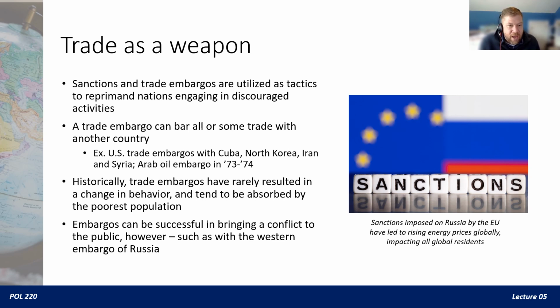Obviously, the example of our embargoes with Cuba, North Korea, Iran, Syria. There was an Arab oil embargo between 1973 and 74 that my mom talks about. That was when you had the massive gas lines and gas prices went through the roof. Which I think they kind of are there now too, but this was especially peaked at this point.